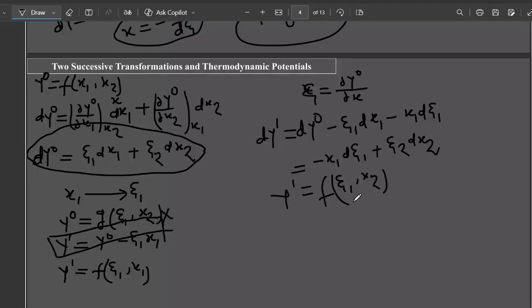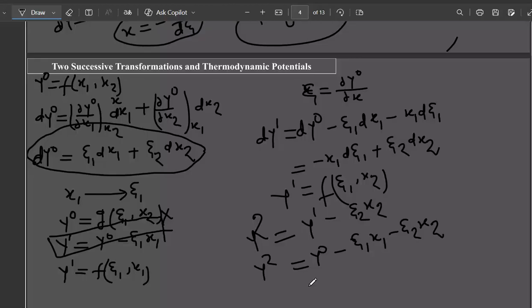Similarly, the second Legendre transformation occurs at this place: y2 is y1 minus zeta 2 x2, and also writing here, y2 is y0 minus zeta 1 x1 minus zeta 2 x2, from substituting y1.